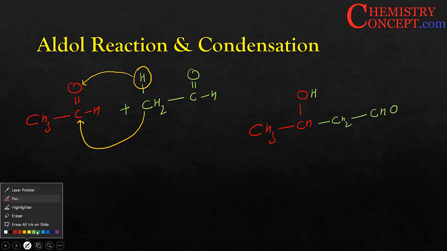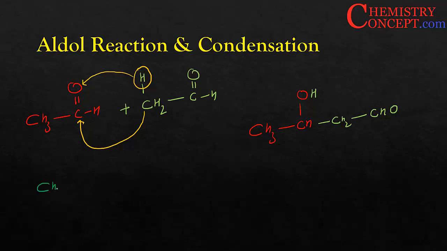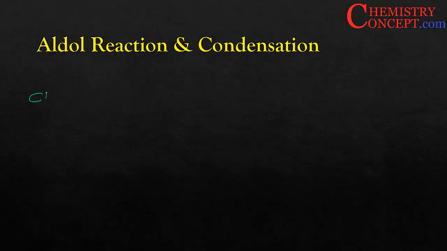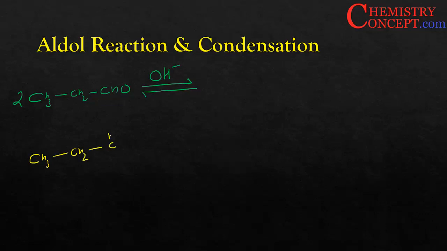Okay, one more. Now what happens in case of CH3CH2CHO, 2 moles of this treated with base? Definitely an aldehyde with alpha hydrogen and base, there has to be an aldol reaction. To complete this, do the same thing. There are two molecules involved, so write both of the molecules side by side.